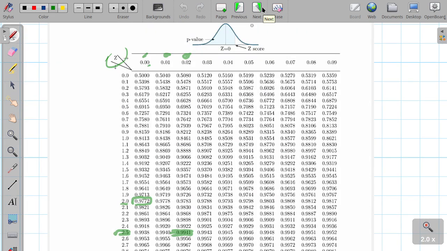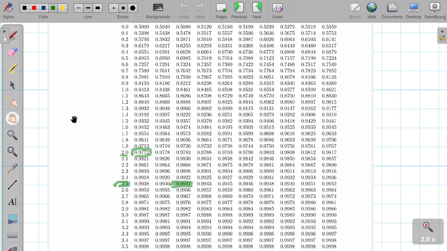Let's do that. So 2.72, and so here's 2.7. That's my eraser. I don't want that wrong one. So 2.7, 0.07 in the 0.02 column, 0.9967.